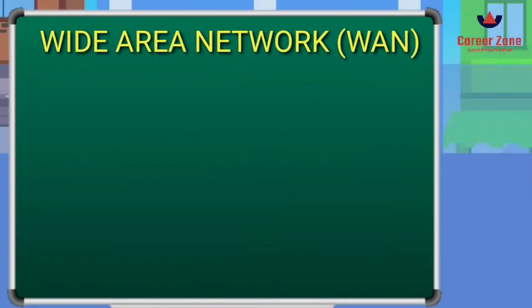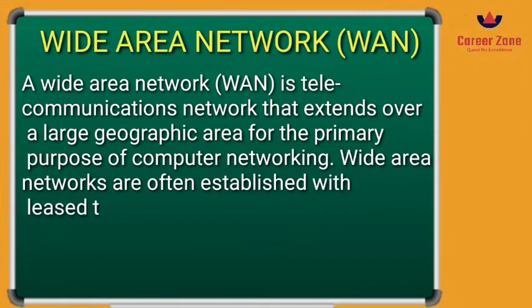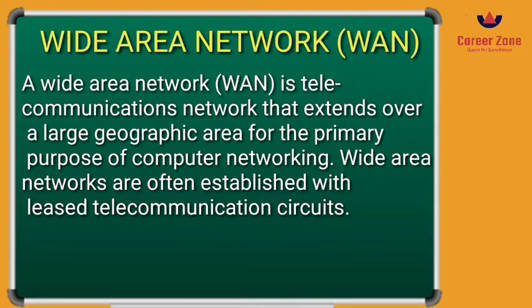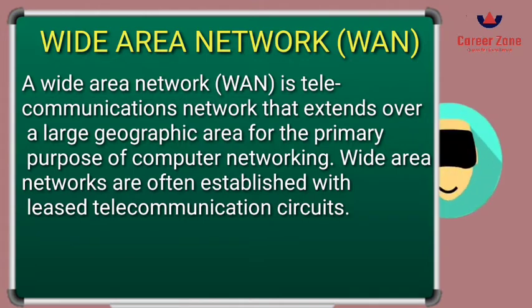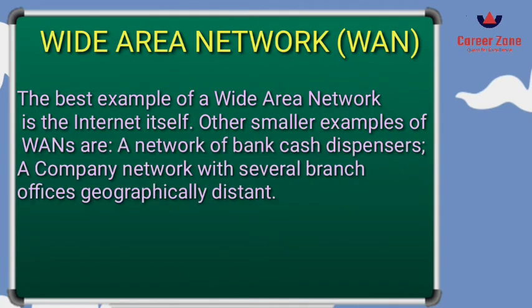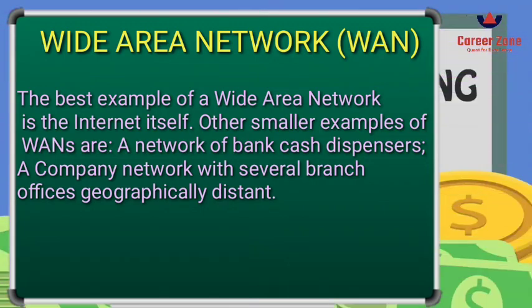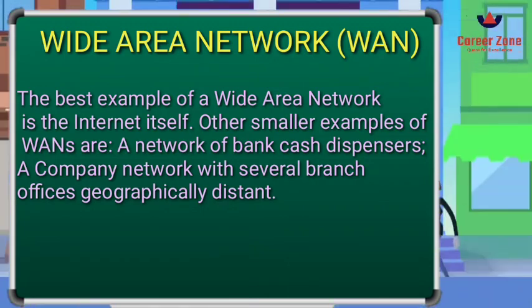So the last type of network is wide area network. Wide area network basically extends the geographical location. Where earlier it was within the city, it is now spread across the world. So the network which is spread across the world can be called a wide area network. The most important example is the internet itself, where people all around the world are connecting together and sharing information. Another example is a network of bank cash dispensing machines.